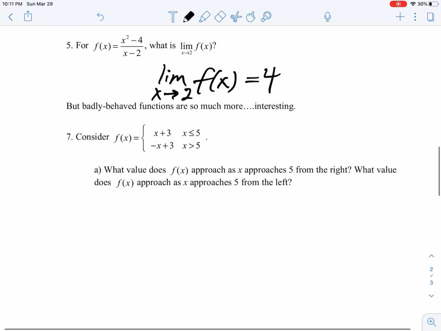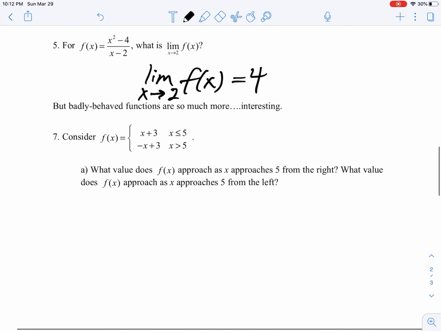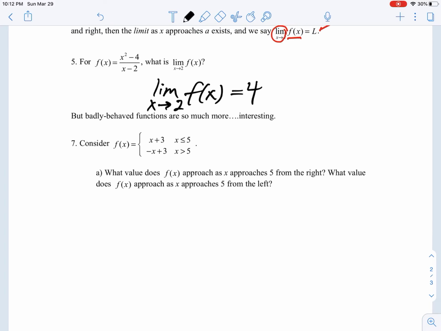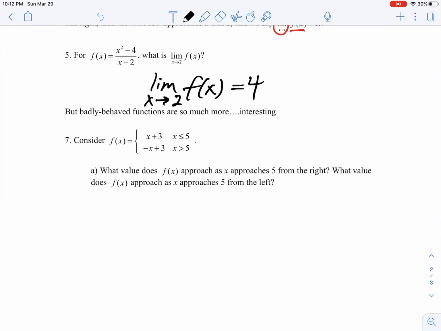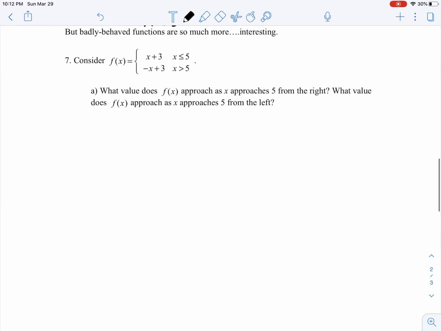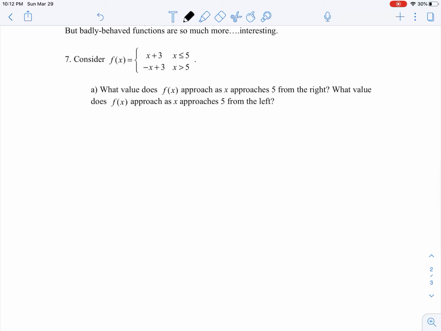That was a pretty well-behaved function, but badly behaved functions are so much more interesting. And you know what's badly behaved? A piecewise function. So, what value does f of x approach as x approaches 5 from the right in this function, that is x greater than 5?